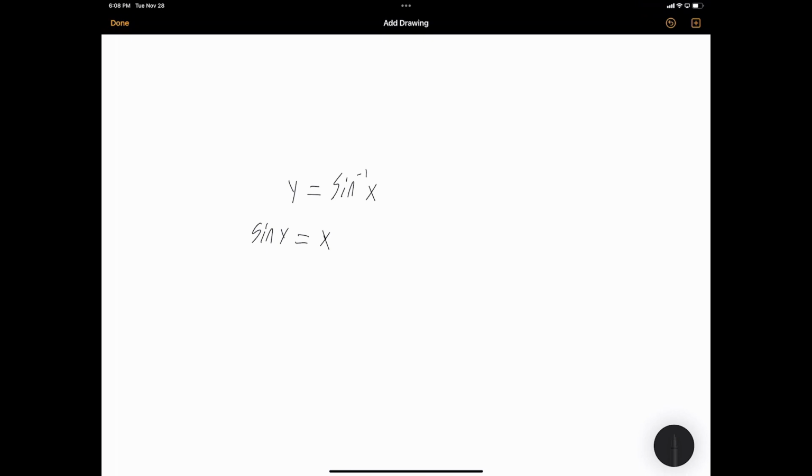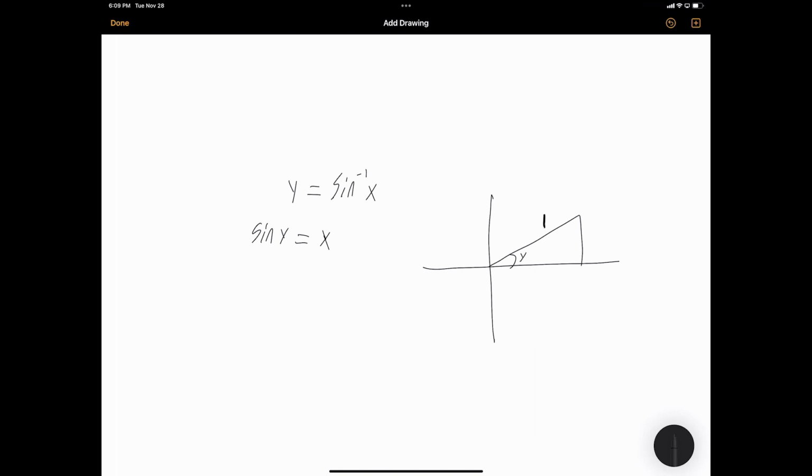Now let's draw this. This angle y is equal to x. What is x? Well, this is 1.